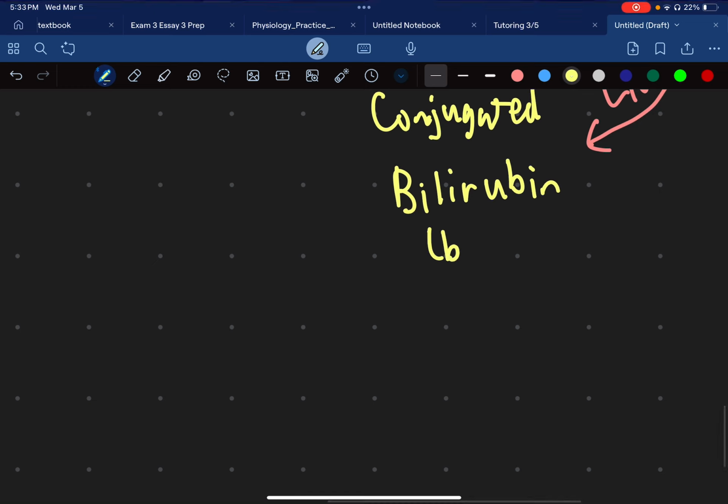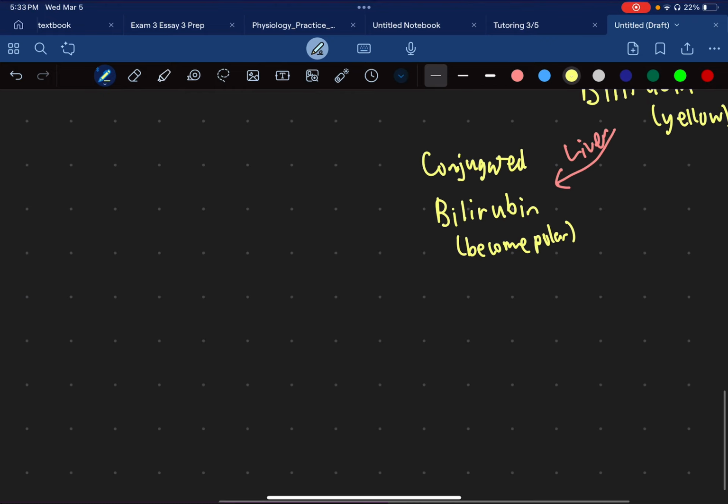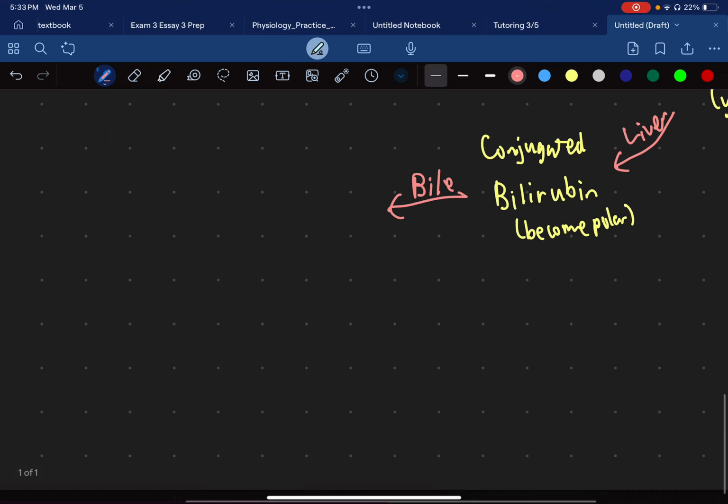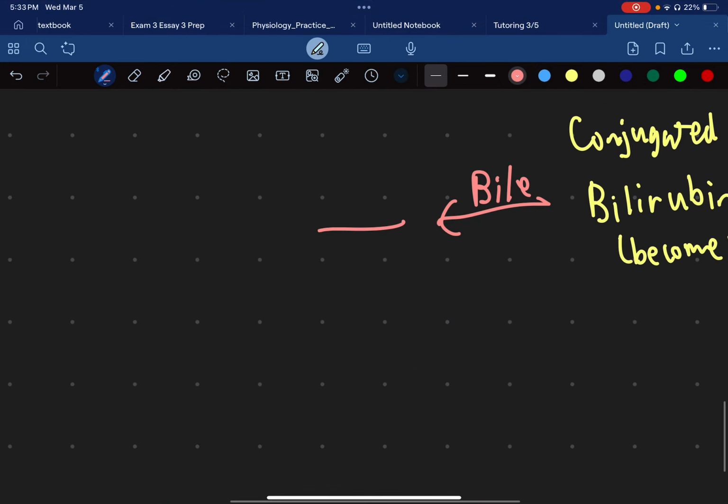And basically what that means is it'll become polar. Once it's become conjugated, the liver is going to combine it into the bile. So it goes to the bile. The bile is going to go to the intestine.